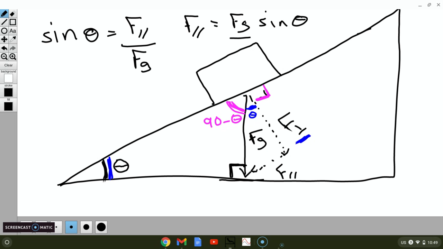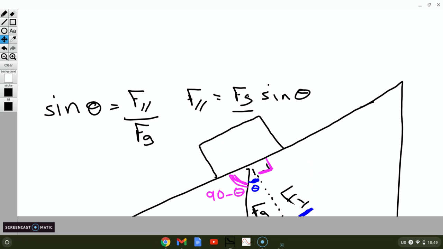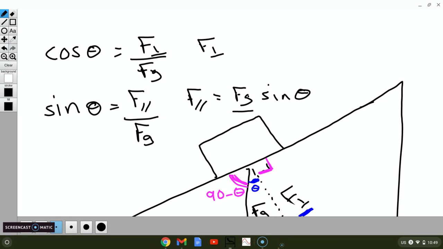We would also know, and I'm going to move this a little bit, we also know that cosine theta would be adjacent or force perpendicular over FG, or force perpendicular is equal to FG cosine theta, or again, mg cosine theta.